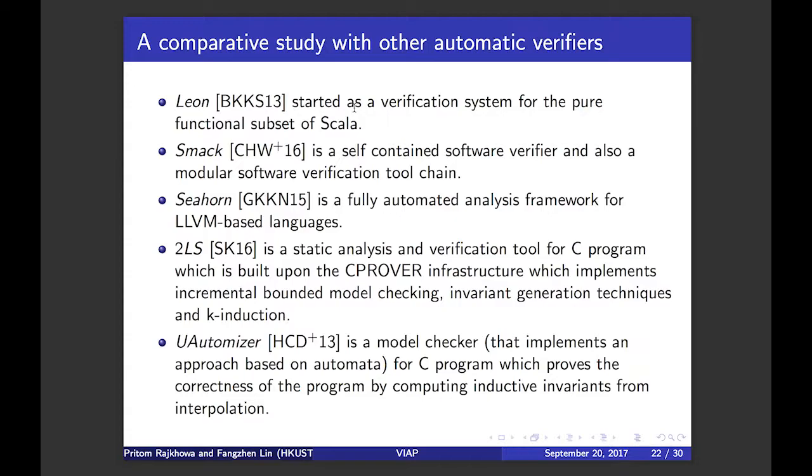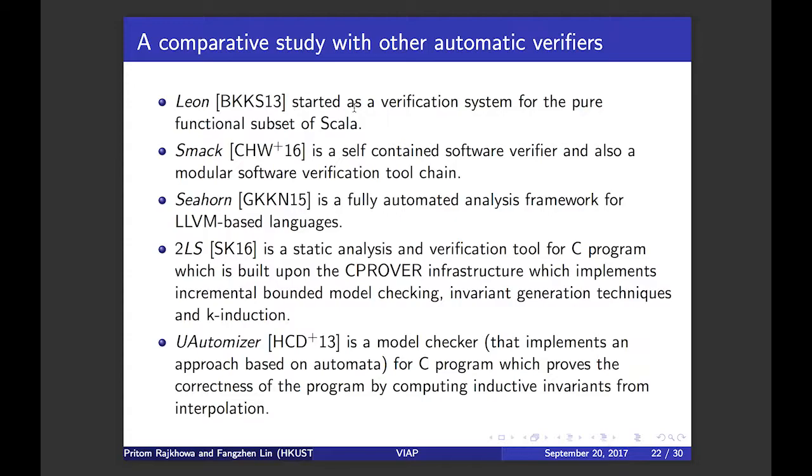Leon is a verification system for a pure functional subset of Scala, later extended to include imperative programs by translating them internally to pure functional programs. Then SMACK is also a self-contained software verifier, and a modular verification tool.